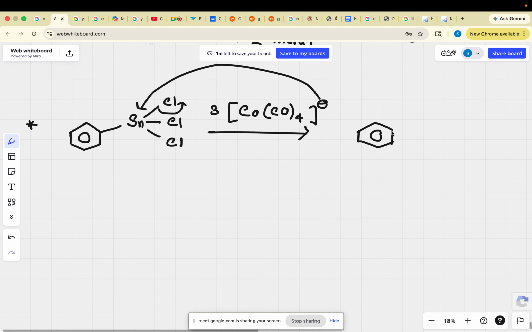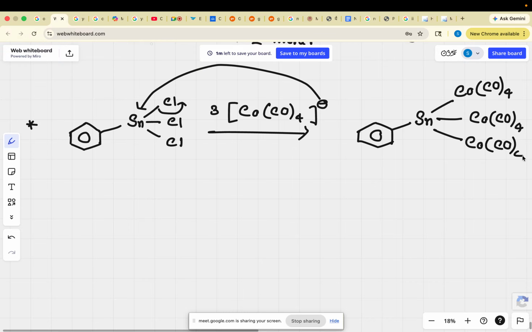You have a benzene ring here, tin, and now it will add with Co(CO)4, again Co(CO)4, again Co(CO)4. 3 moles we are using, so one by one they will attack and chlorine will leave.